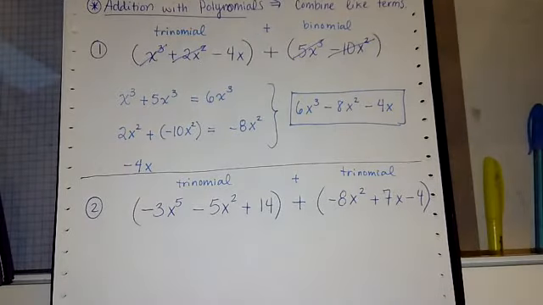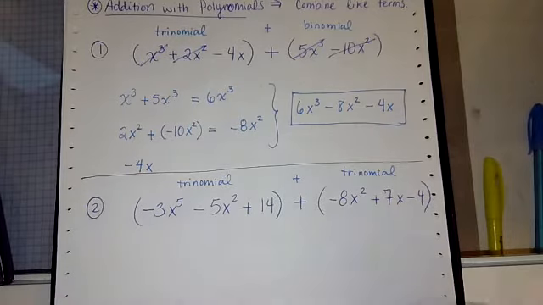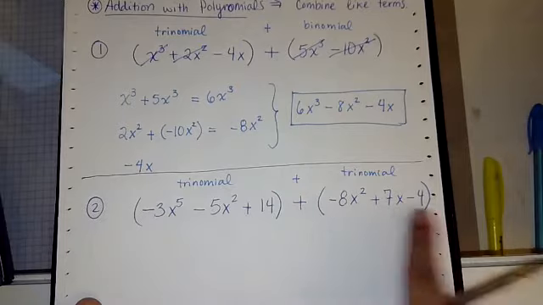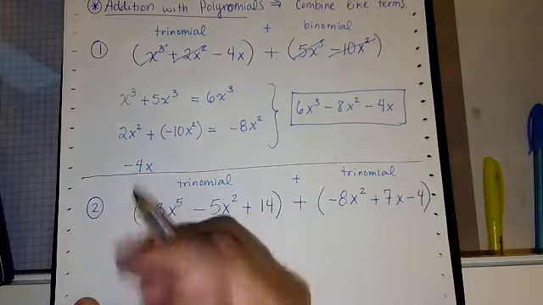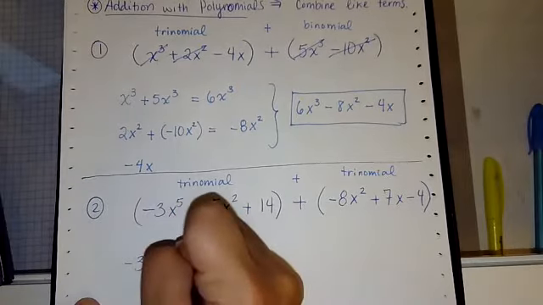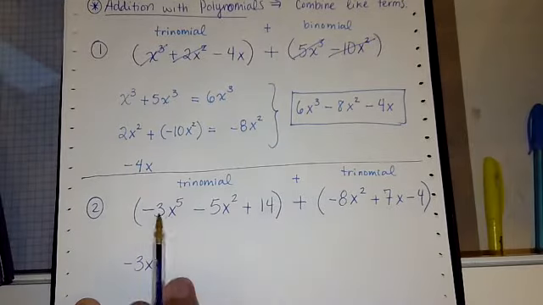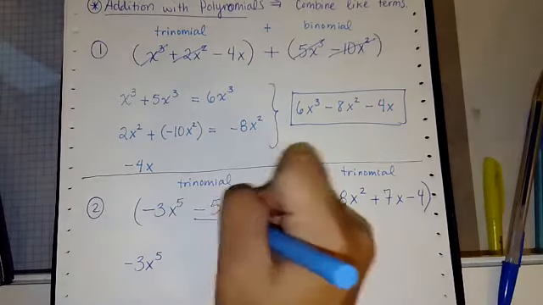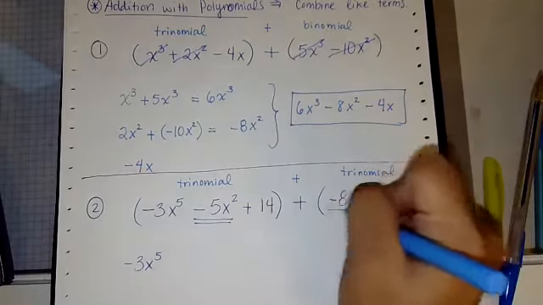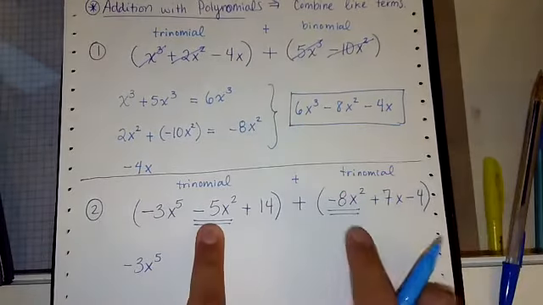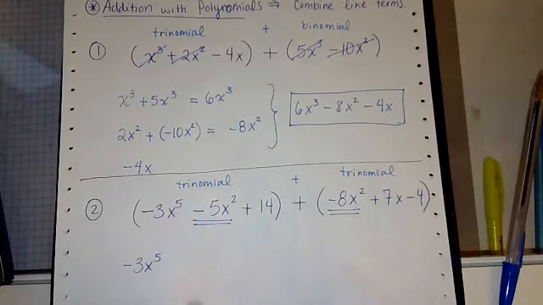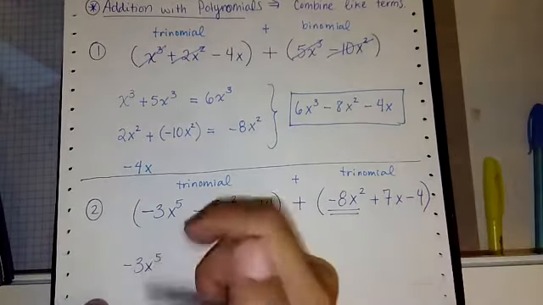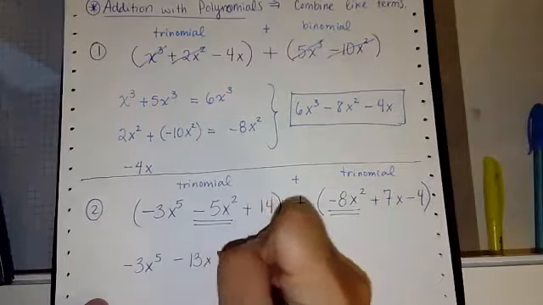And we're just going to start off by combining like terms. I mean, that's all there is to it. So we might just scan the polynomials to say that I only have a negative 3x to the fifth power, right? There's not another x to the fifth power, so I'm just going to write that one down. Then I might say, okay, I have x to the second power. Let me see if I have another x to the second power. So negative 5 plus negative 8 should be negative 13x to the second power.